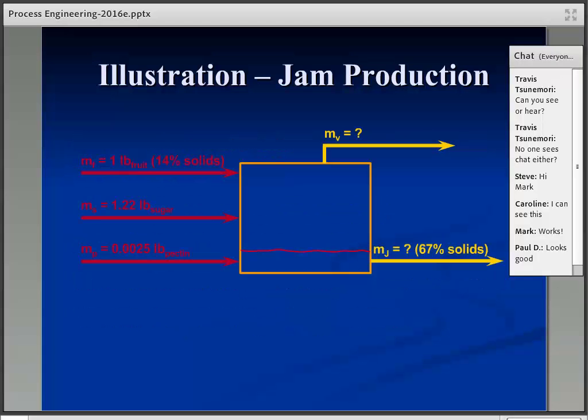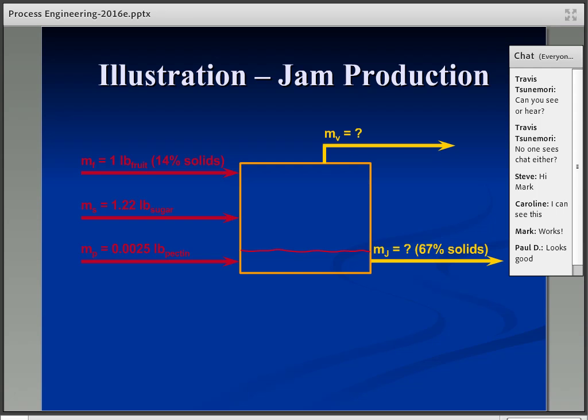Here's the process drawing. I've shown the inputs there on the left in red, and the problem was stated as give the result in per pound of fruit. So I've just shown 1 pound of fruit coming in, and based on those specs for the problem, there's 1.22 pounds of sugar if you calculate that ratio we had, 55-45, and then for the pectin, it comes out to 0.0025 pounds per pound of fruit that we've got up there.